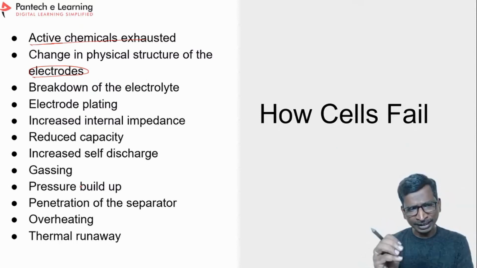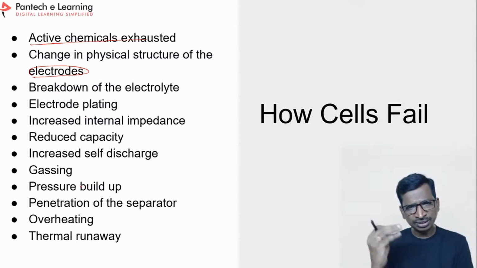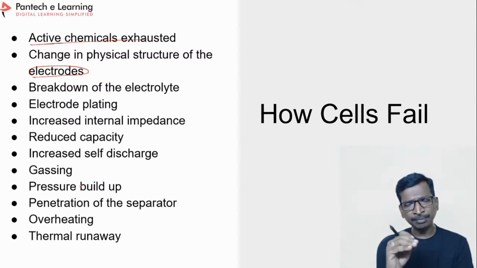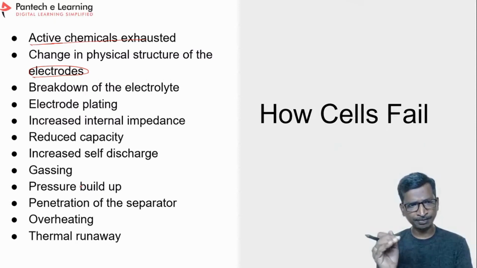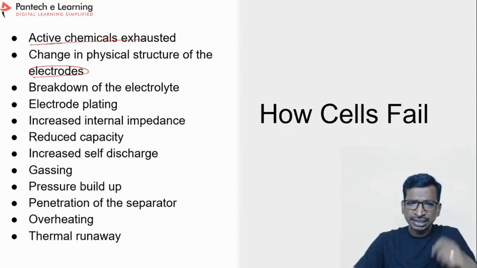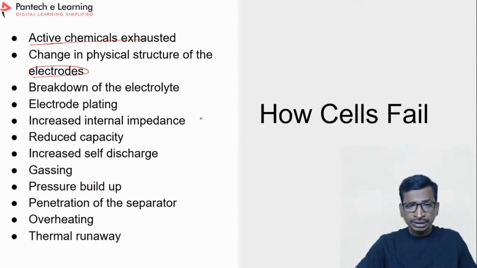And electrode plating: before the battery charging, in the manufacturing process, there is a type of material used to plate the electrode. If over a period of time that plating vanishes, then the battery cell will get damaged. And increased internal impedance: the internal impedance mainly depends on the temperature, it is directly proportional to the temperature.